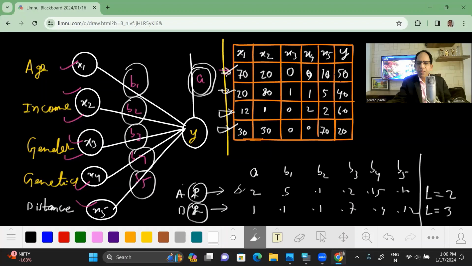So I will accept this one and finalize. Once I finalize my weights and biases, I can say my neural network is trained. Now, whoever comes, it will be able to predict whether they have money or not, how much money they need if they want to admit the patient in the hospital.